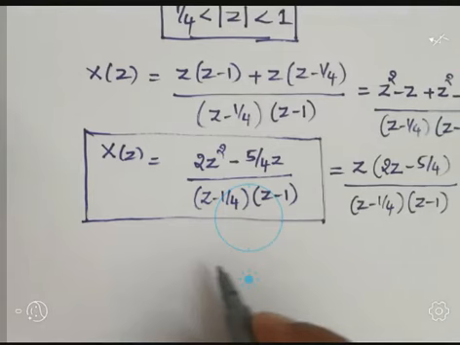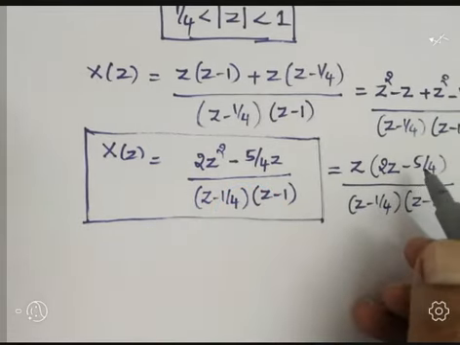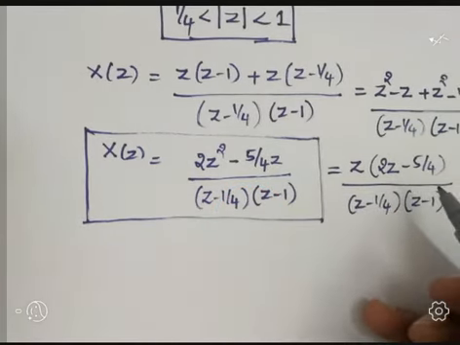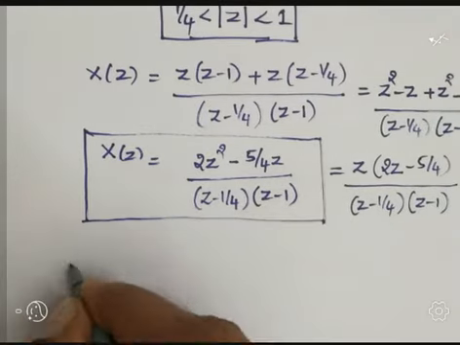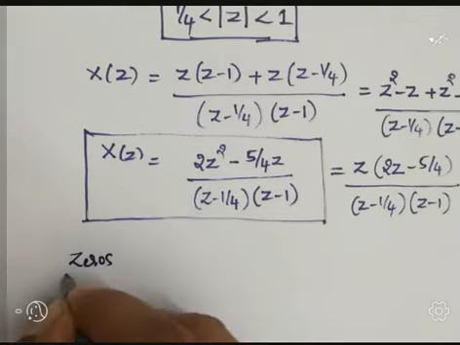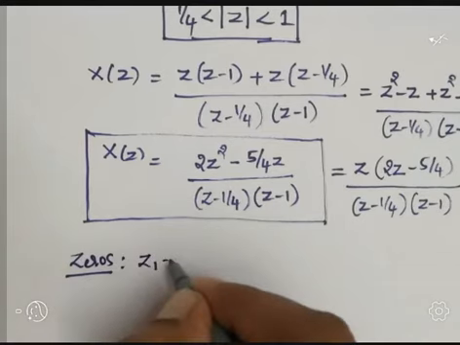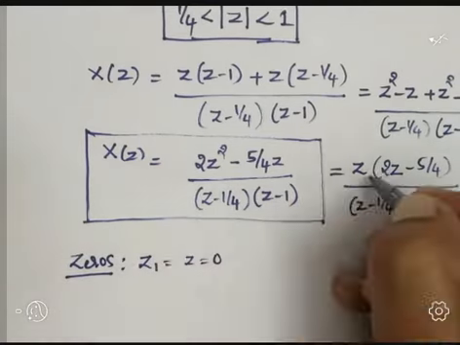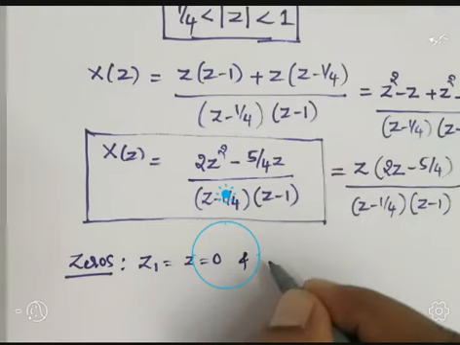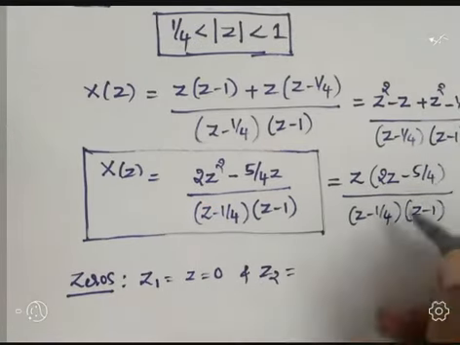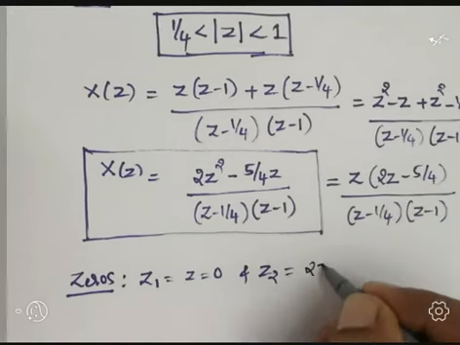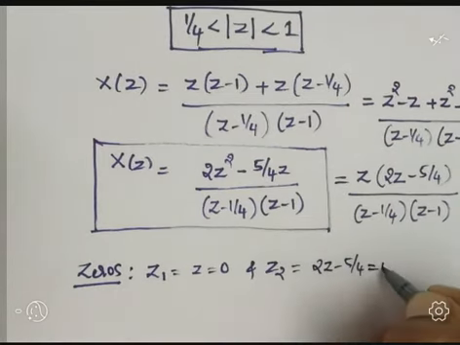How many zeros are there? There are two zeros. One is z1 equal to 0, equating z equal to 0, and the second one, z2: 2z minus 5 by 4 equate to the 0.